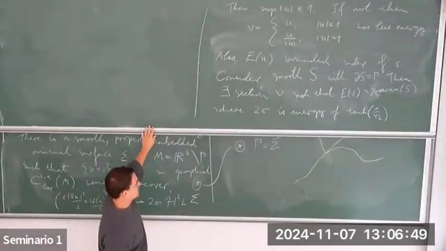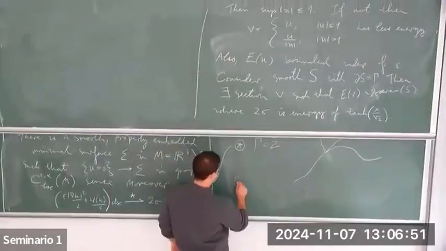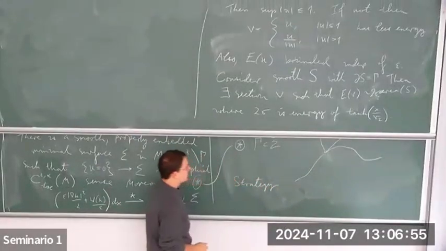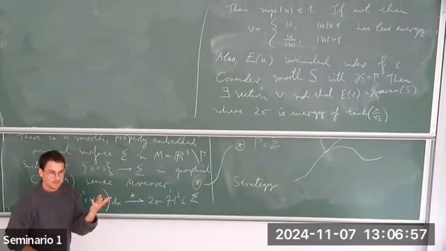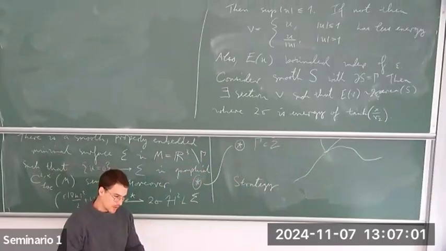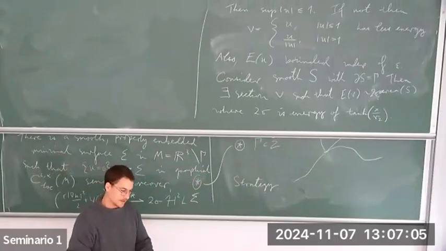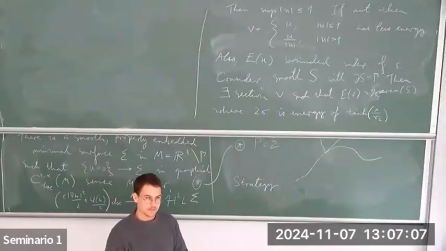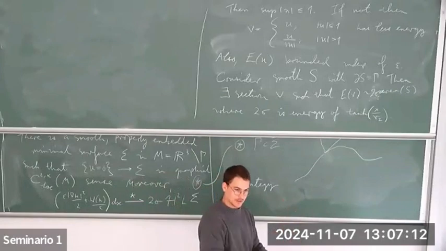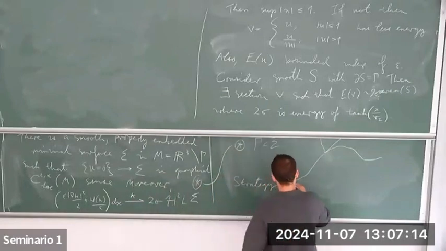Let me write here, what's the strategy? What we have to do is blow up at an arbitrary boundary point. And if we can show that the blow up is a single half plane, then the Allard regularity theorem tells us that sigma must be a smoothly embedded surface up to the boundary.